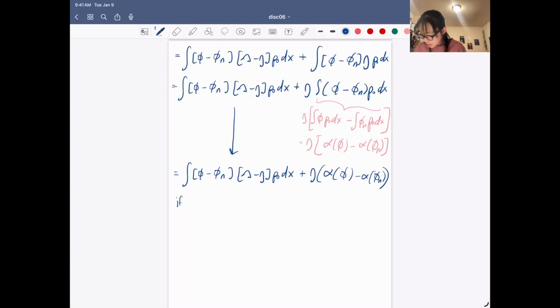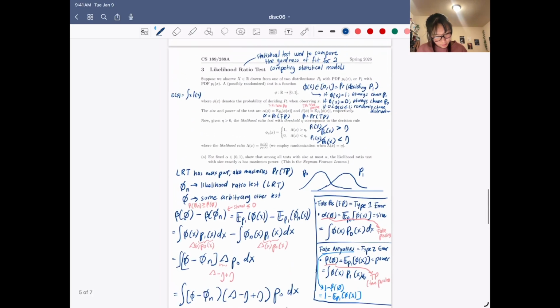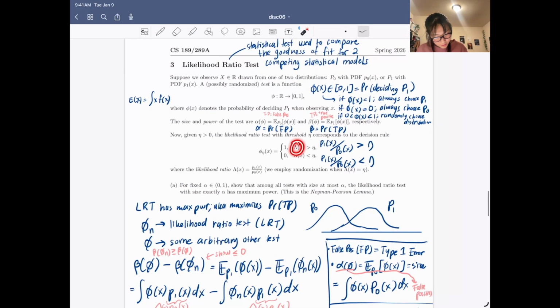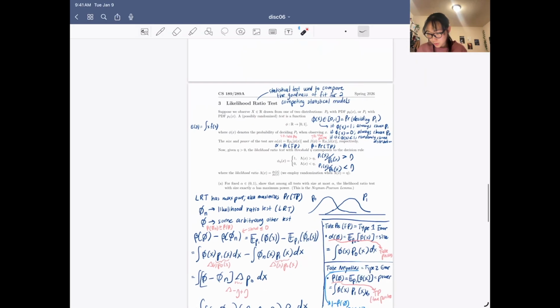If our lambda is greater than ida, then what happens? Well, when our lambda is greater than ida, in the likelihood ratio test, our phi n is equal to 1.